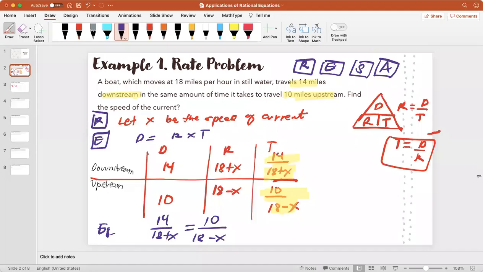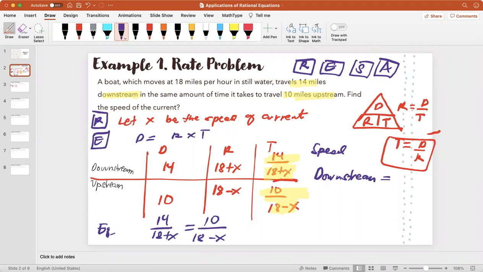Before we solve this, let's try something. The speed downstream is based on speed. The speed downstream is simply the sum of two speeds. And what is this?